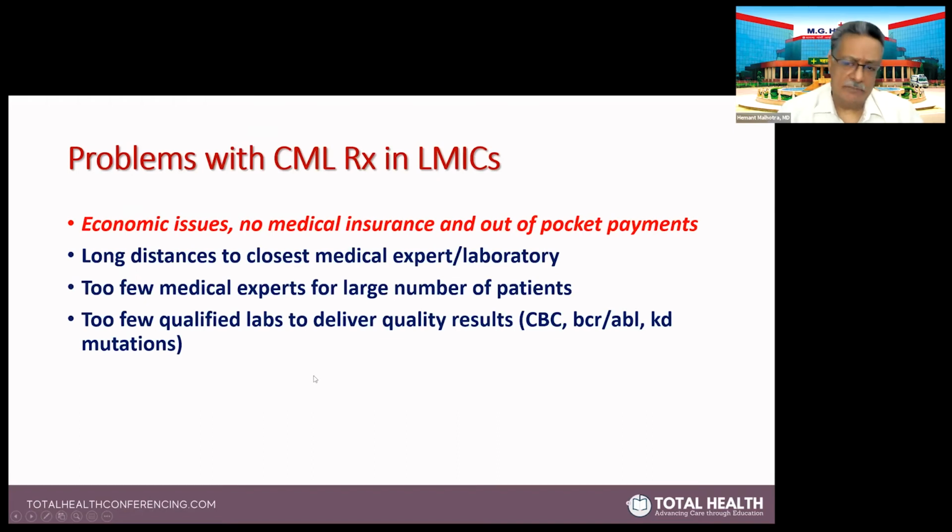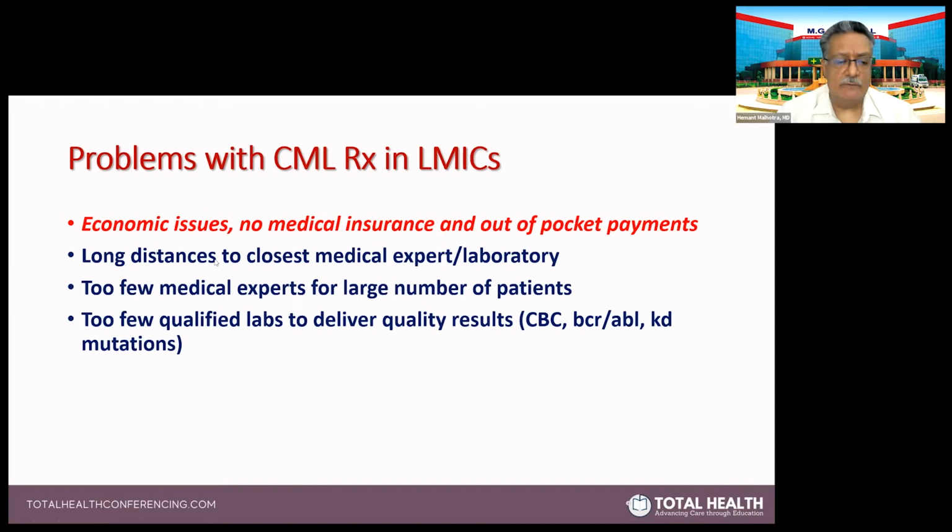So, ladies and gentlemen, in low and middle income countries like my country, which forms almost 3/4 of the world, and which houses about 3/4 of the world's chronic myeloid leukemia patients, there are some specific problems.